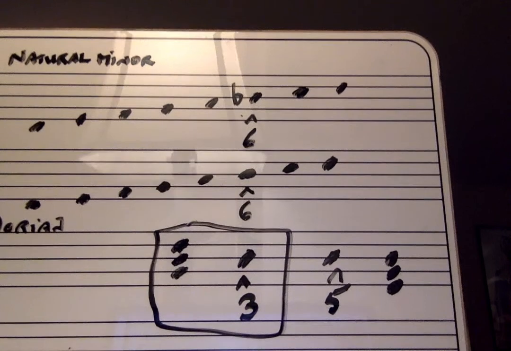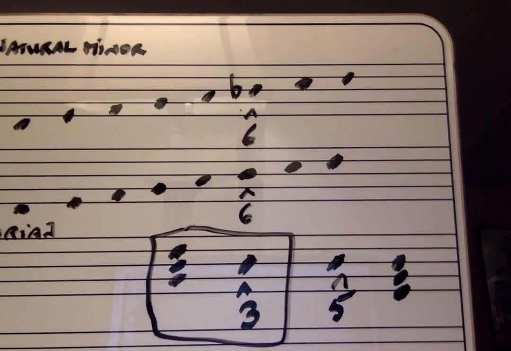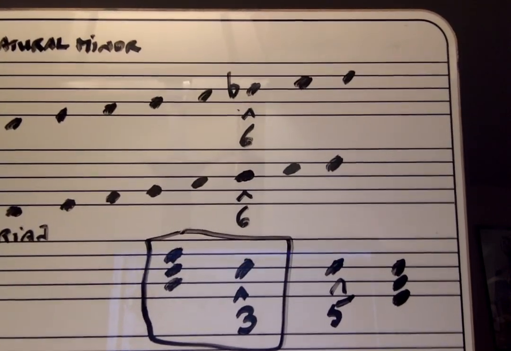Reger really likes to use the G, B, D. The G, B, D is that Dorian 6th chord. And he voices it like so.